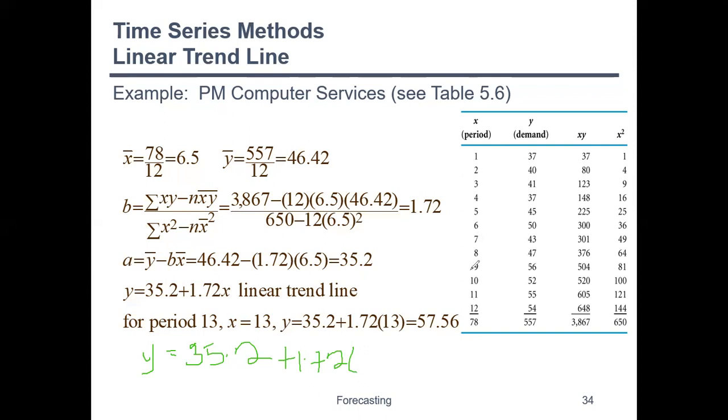So it means we are trying to find where x is equal to 13. But can you see in the trend line, the 1.72 was multiplying by x. And this time around, our x is 13. So what do you get? Try to punch this on your calculator and see what you get.